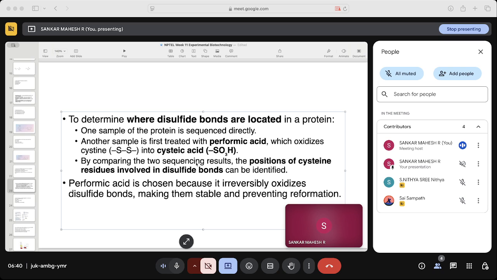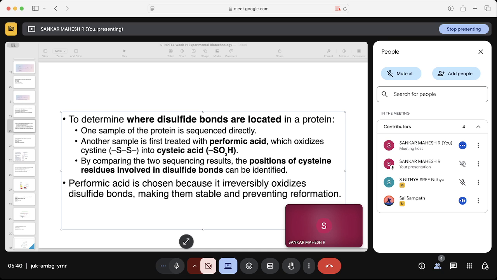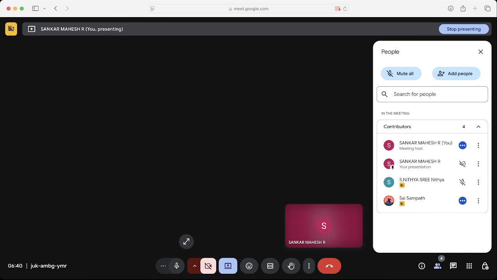So to understand this better, have any of you done digestion of DNA with enzymes, restriction enzymes? Yeah, can you hear me? Yes, sir. Yeah, have you done digestion of DNA with restriction enzymes?